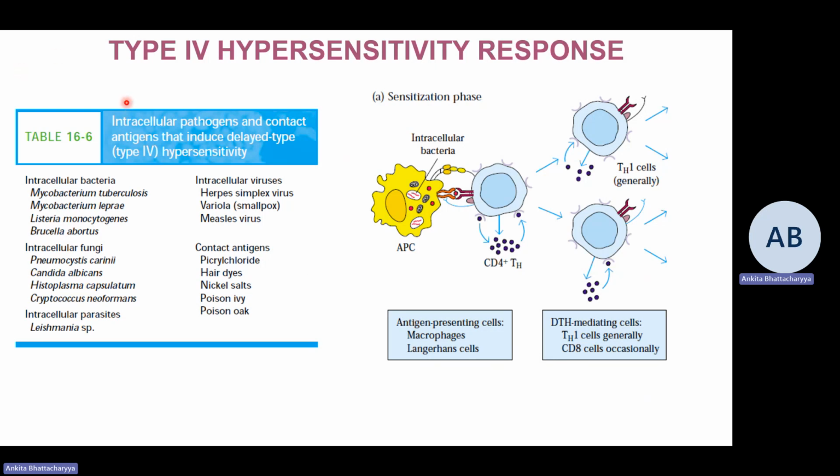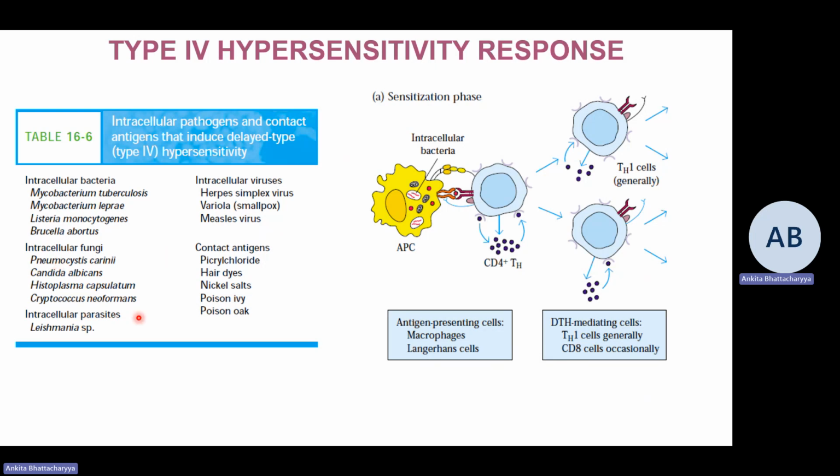For type 4, or the delayed type hypersensitivity response, intracellular pathogens and contact antigens are considered to induce this. Intracellular bacteria include Mycobacterium tuberculosis, Mycobacterium leprae, Listeria monocytogenes, Brucella abortus. Intracellular viruses include smallpox virus, variola, herpes simplex virus, or measles virus.